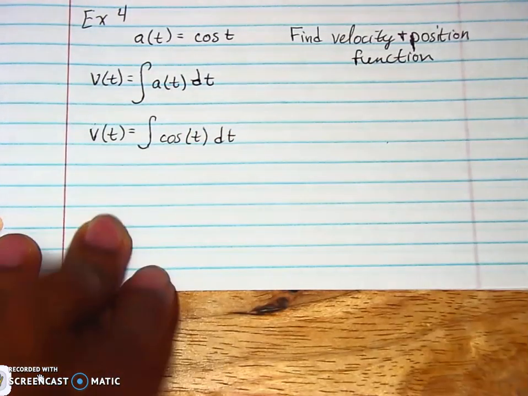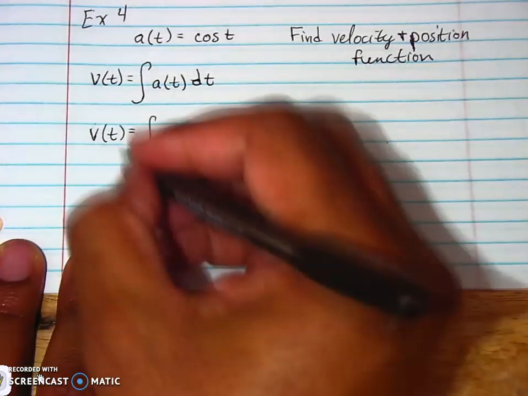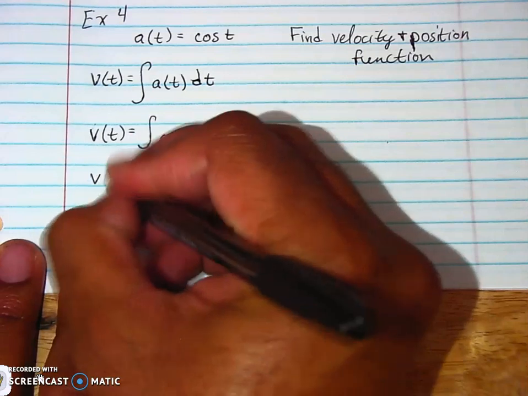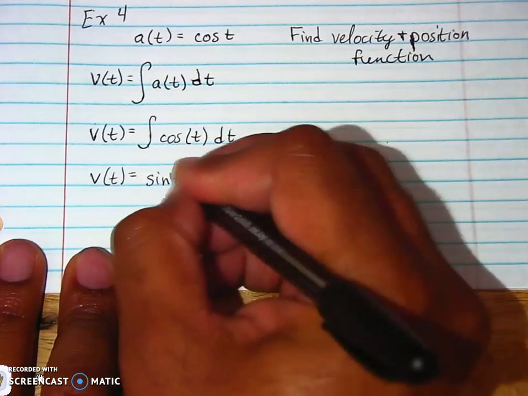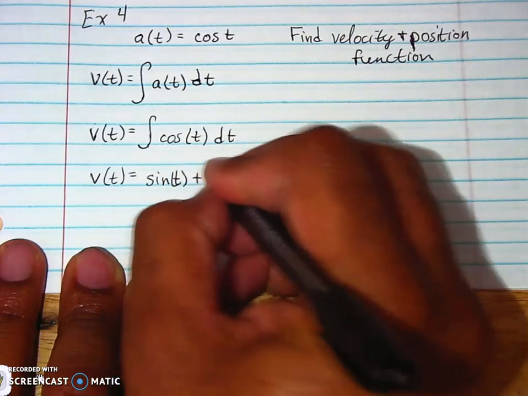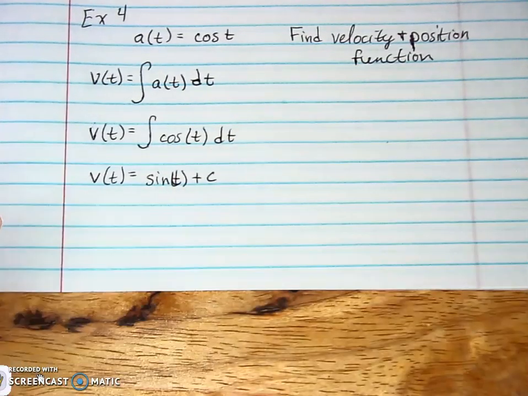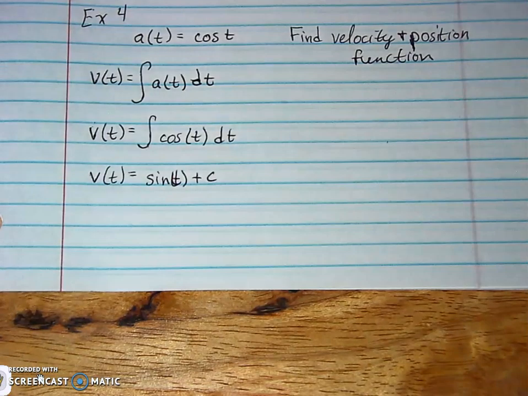Especially if you're taking the AP test, you have to know these, because they won't give them to you. Sine is the antiderivative of cosine.